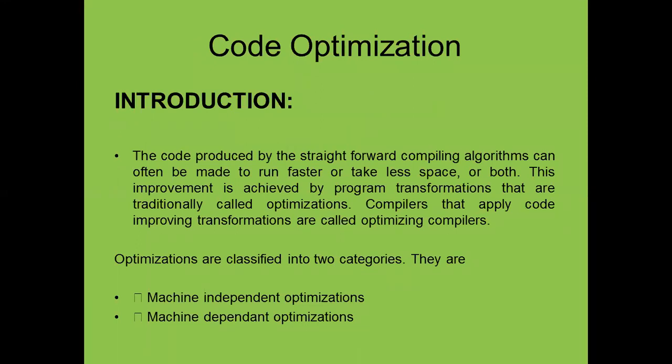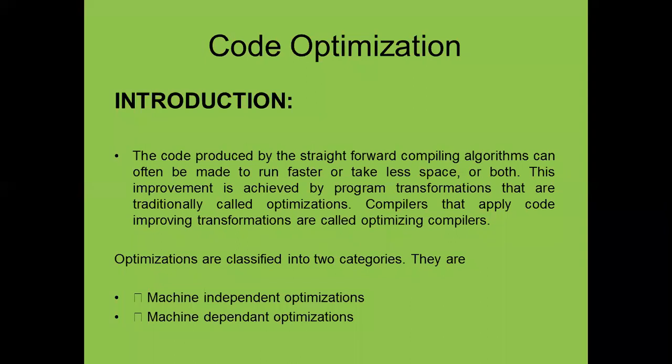Now, what is code optimization? We have already seen there are two categories: first is machine independent optimization and second is machine dependent optimization. In the preceding slides you have already seen both the machine independent and the machine dependent cases.